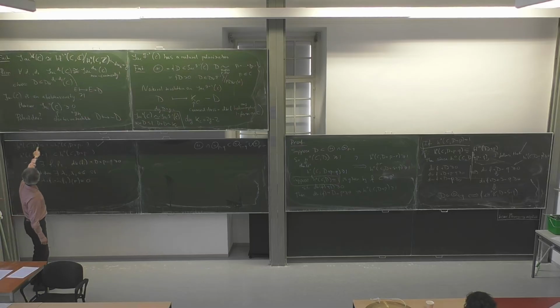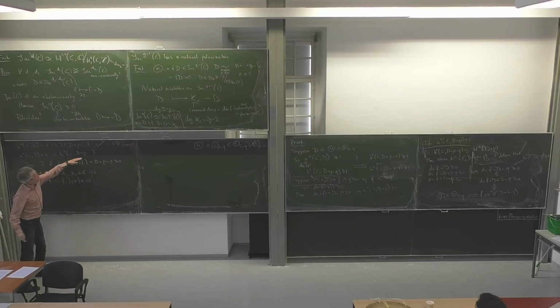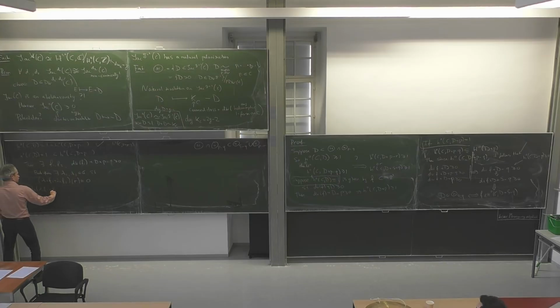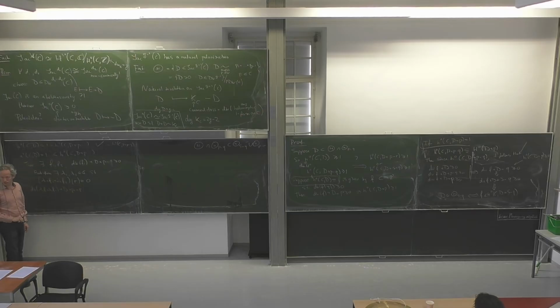Okay, so if this was equal to 1 and this was equal to 1 also, and then this was also equal to this, we got something. But here, suppose I have an extra section here, right? Then I have two sections, and I can choose the linear combination that will vanish at r, right? But what this means is that, of course, the divisor of this linear combination will still have whatever poles this guy had, but it will now vanish at r, because I just decided that it will.